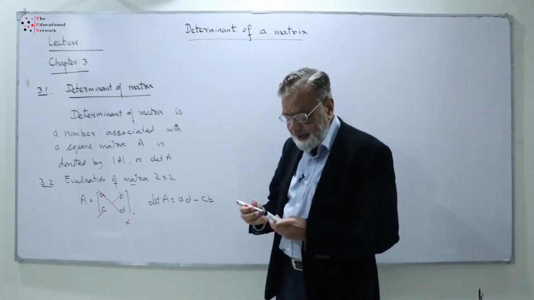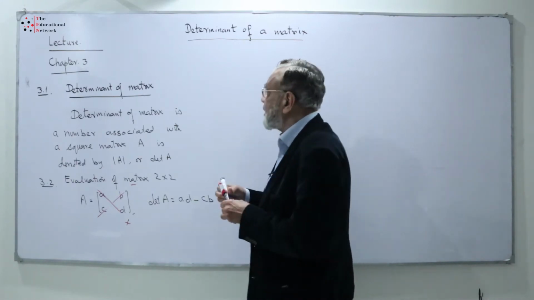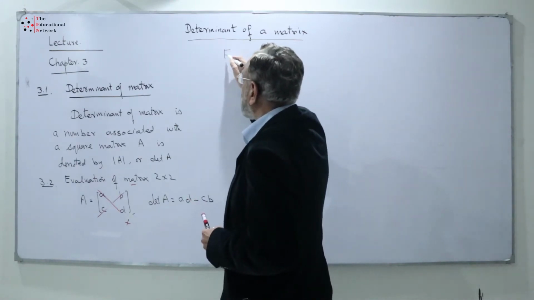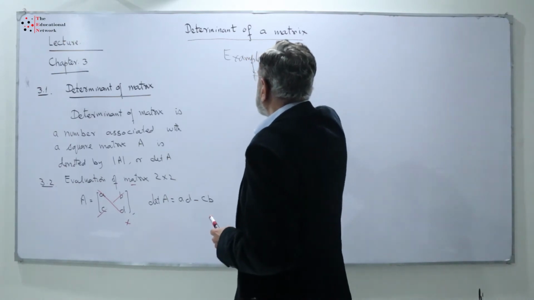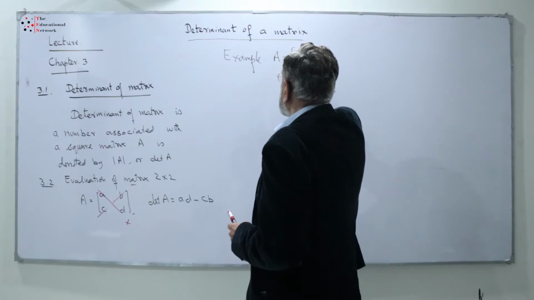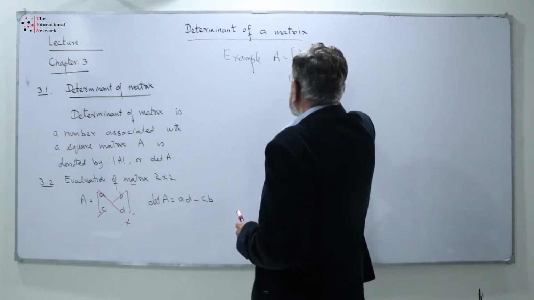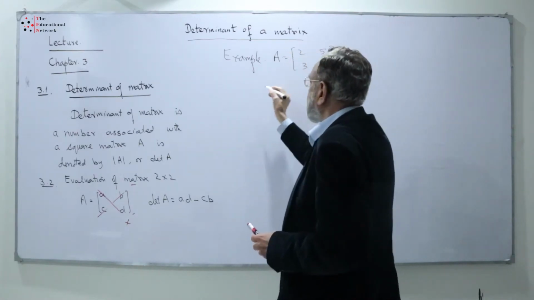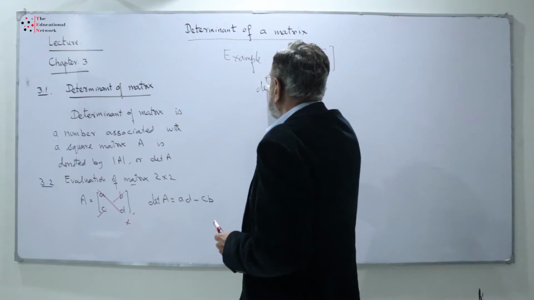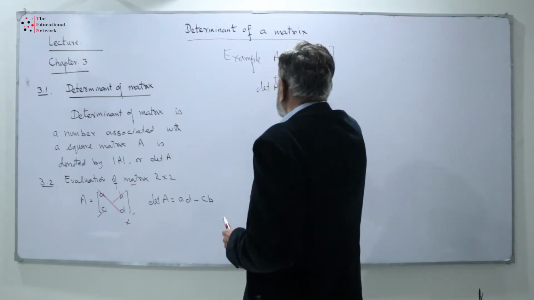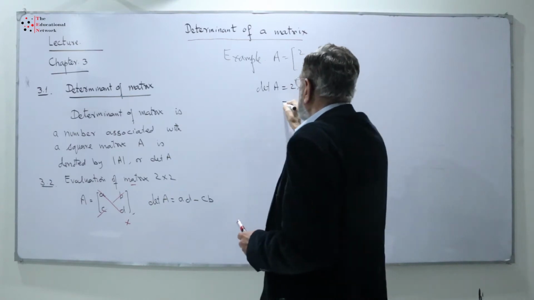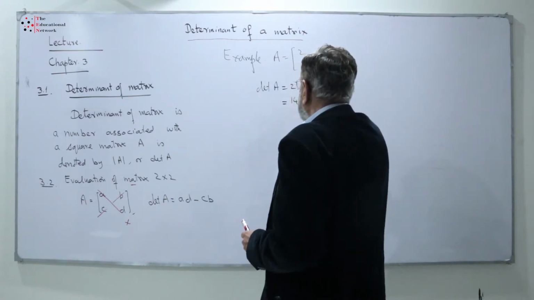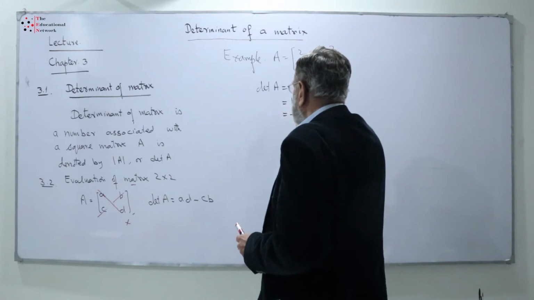I will show you with the help of an example. I take matrix A equal to 2, 5, 3, 7. When I find the determinant of A, it is 2 multiplied by 7 minus 3 multiplied by 5, and that's equal to 14 minus 15, which is equal to minus 1.